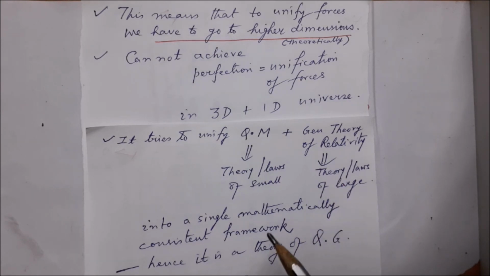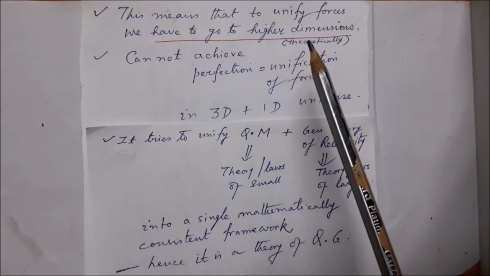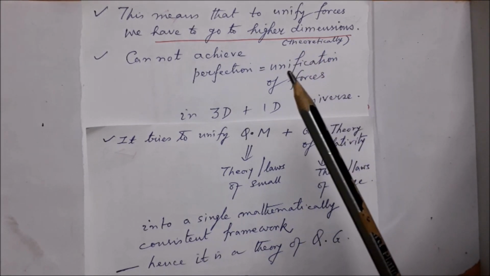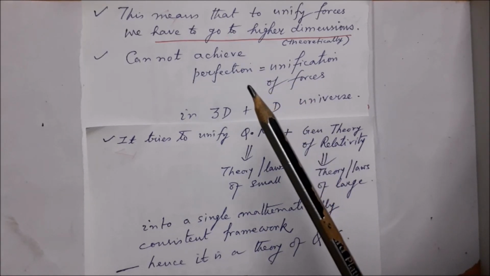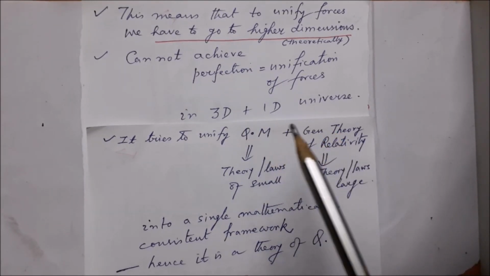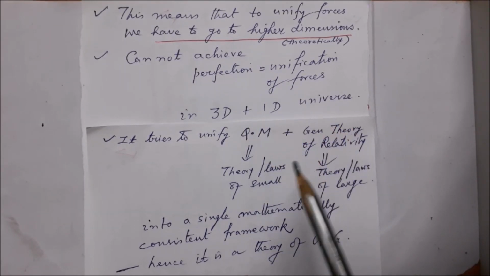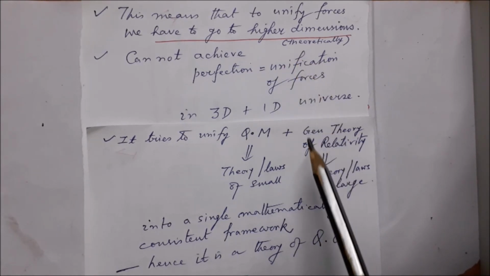Clear from the description that to unify forces we need to go to the initial state of perfection that was possible because of the stitching of 10 or 11 dimensions. In 3D, you cannot achieve perfection.